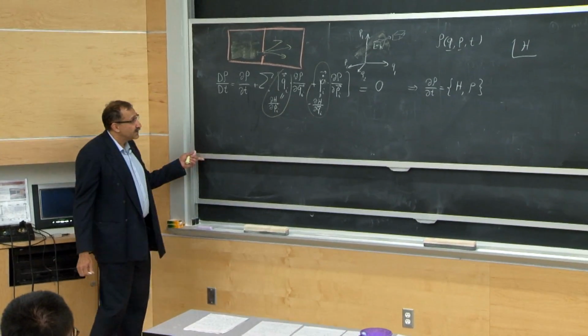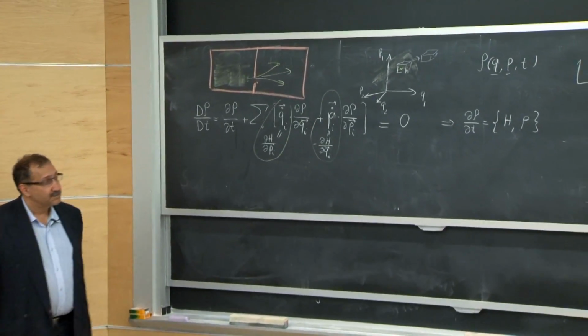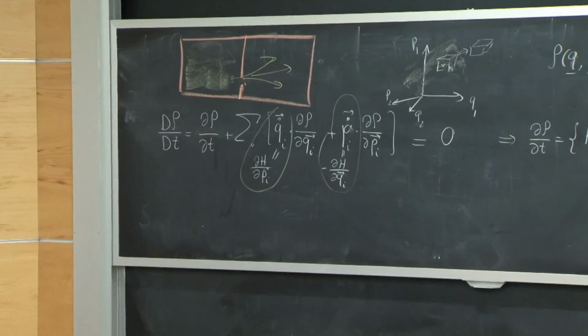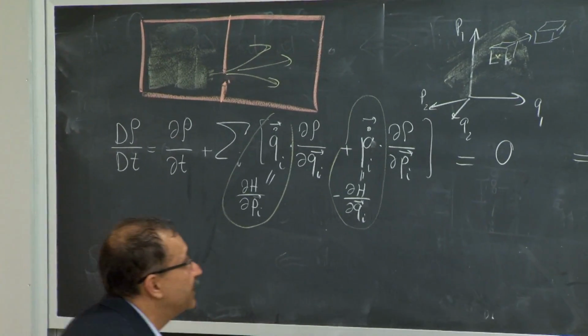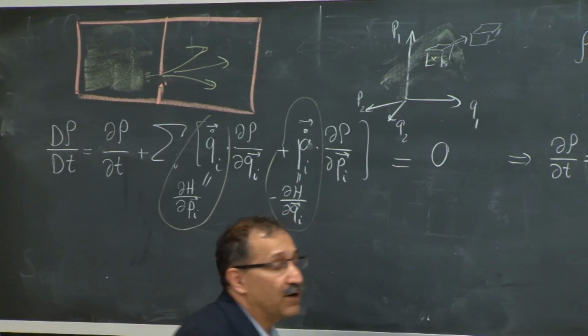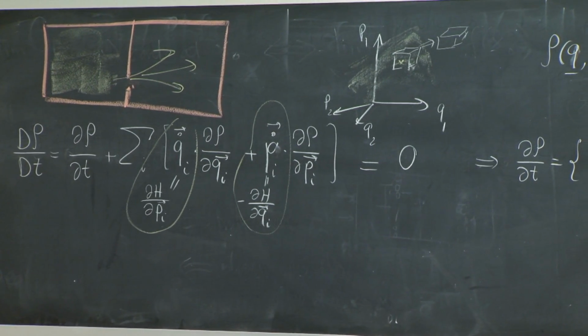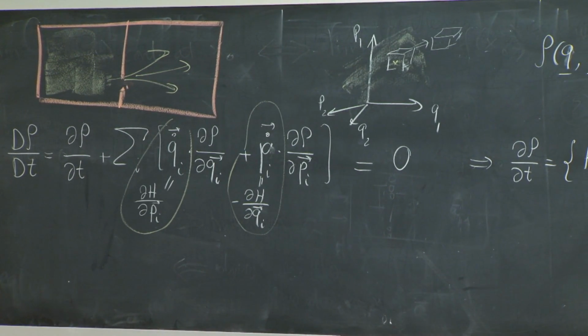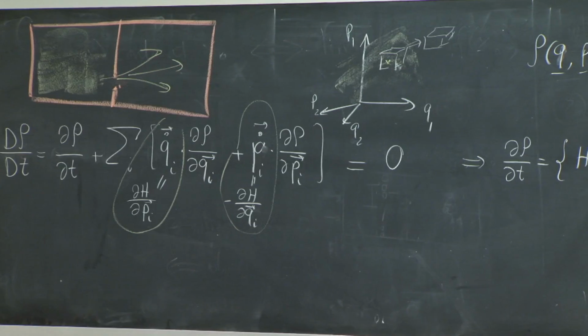So we said, well, in practical situations, I really don't care about all the 6n pieces of information that are embedded currently in this full phase space density.